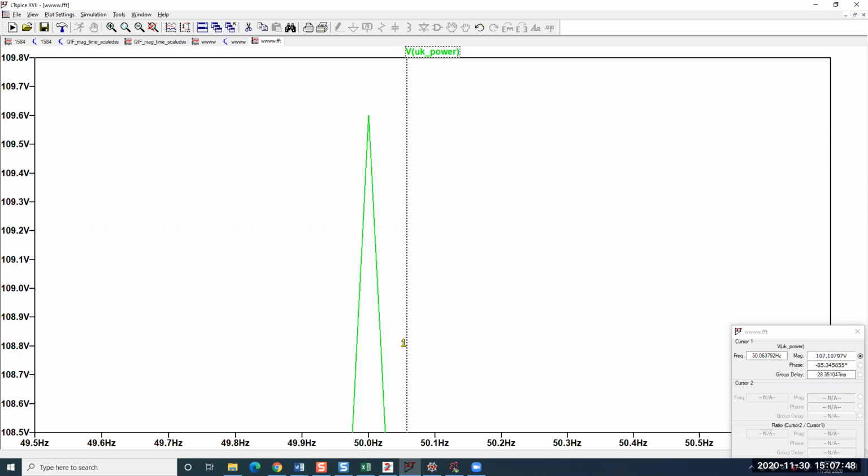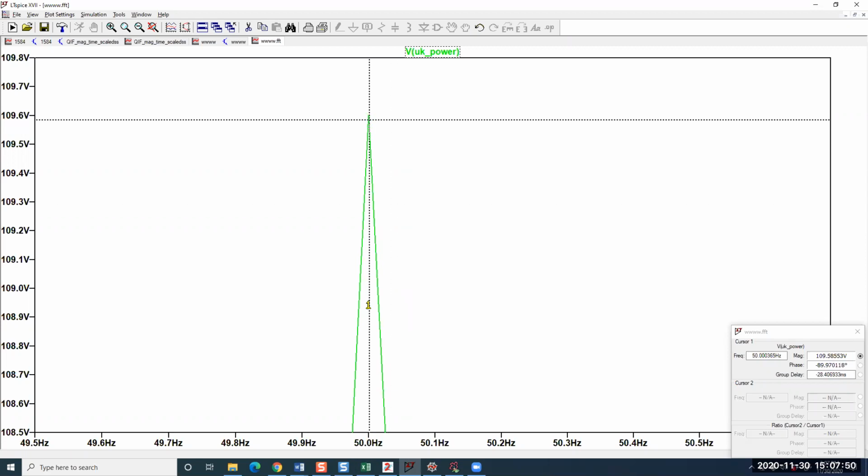Or wait, let's see if I can get it closer. So it's almost 110. And the reason why it's not exactly 110 is because I didn't put in the exact value of the peak that I should have gotten to give me 110.